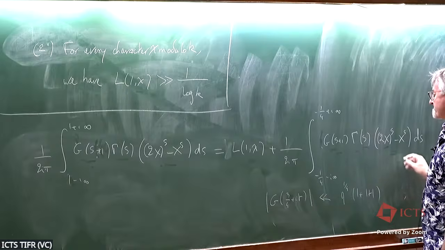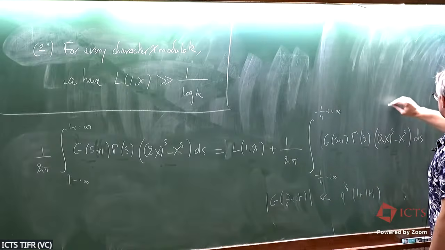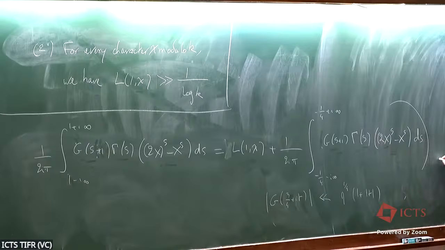And with that, it tells you that this one is big O of Q to the 1/4 upon x to the 1/4. Since it's not Q, it's K, sorry.